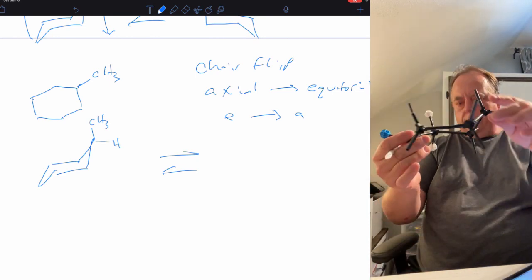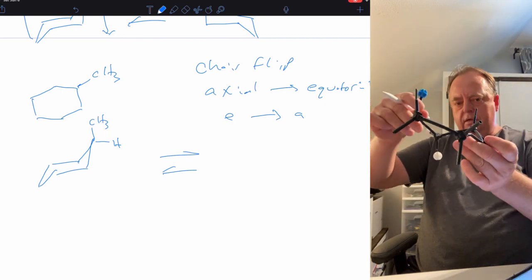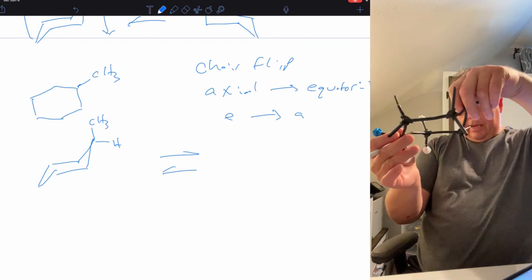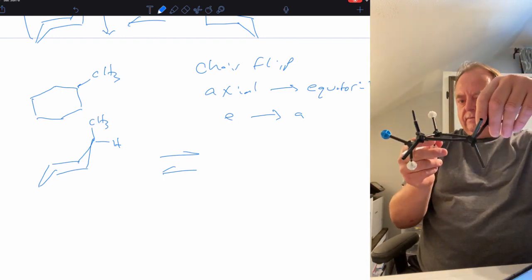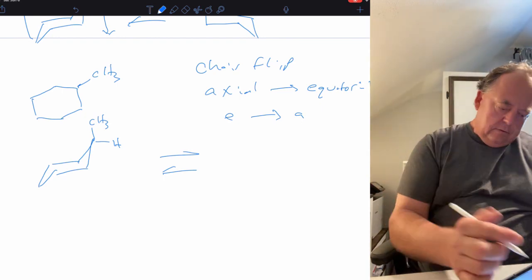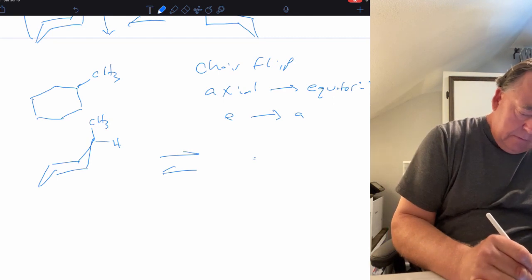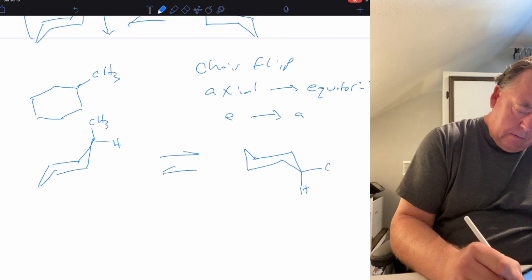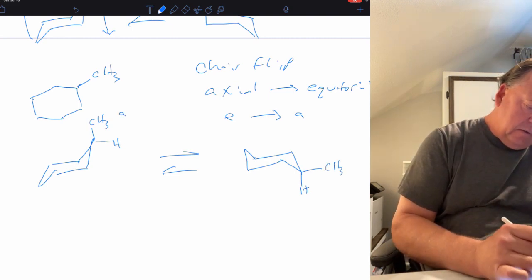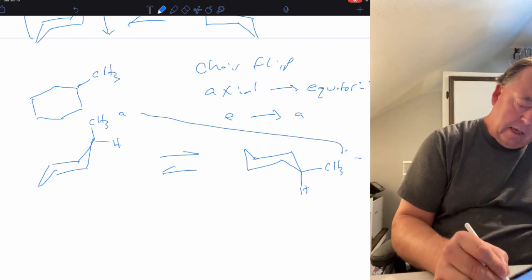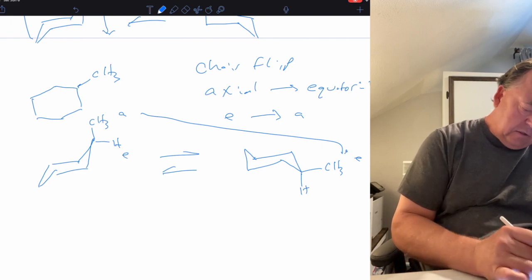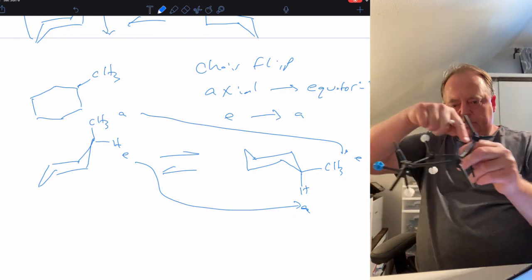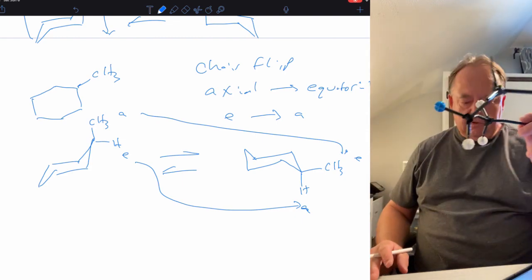So it's constantly going back and forth. Flipping back up, now it's in an axial position again, flip it back down, now it's in an equatorial position again. If we did the chair flip, then this is axial, and it goes equatorial, and this is equatorial, and it would go axial, and every single thing on every single carbon around the ring, that's what would happen to it.